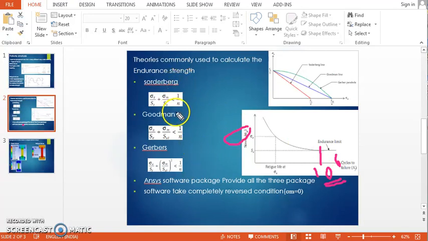So there are three different theories we generally use. First one is Soderberg theory. This theory is used for ductile material. Goodman theory is used for brittle material.